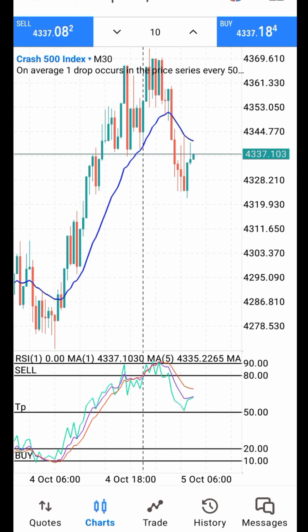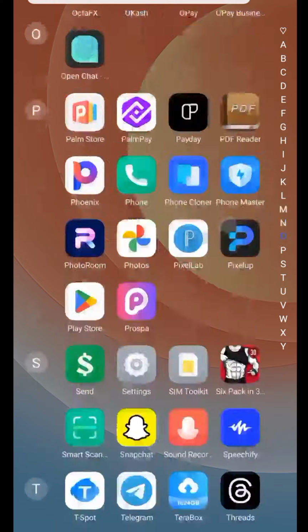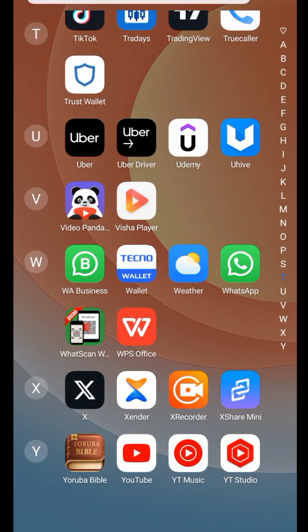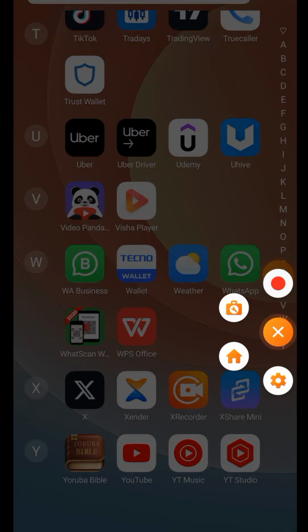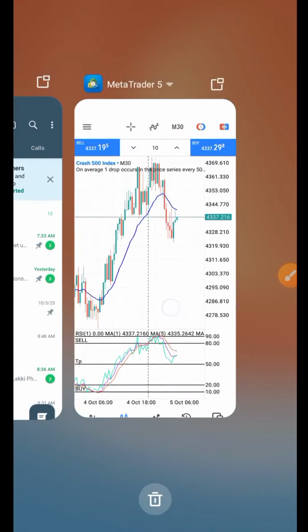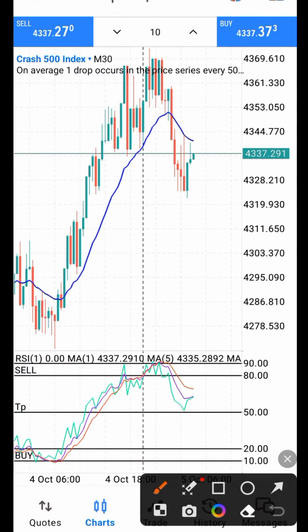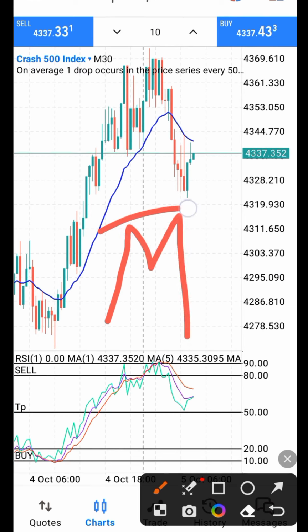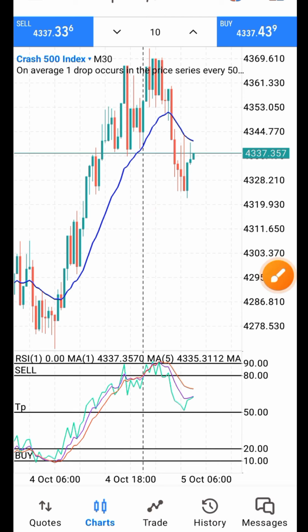What is double top? Let me quickly bring out my drawing tools to show you how double tops look like. This is how double top looks like if you are selling.